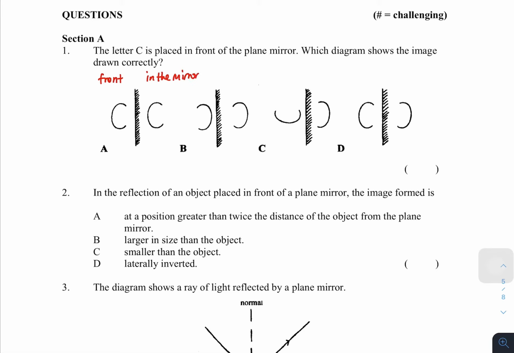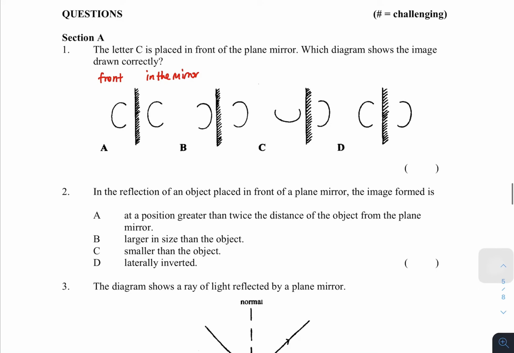How we normally draw is we will draw lines to tell us that this part is actually in the mirror. So the letter C is placed in front of the plane mirror, meaning this is the one, and this would be the one, so the answer is either A or D.